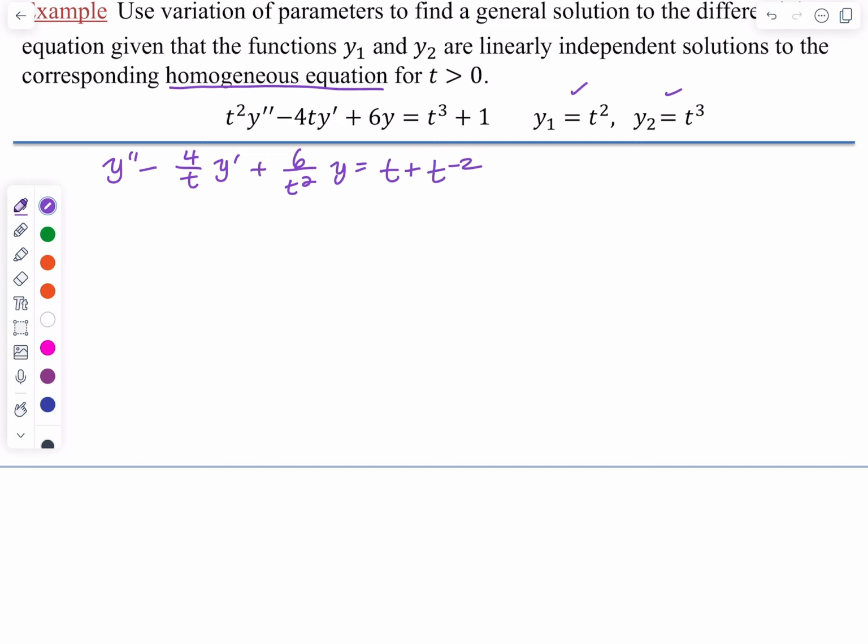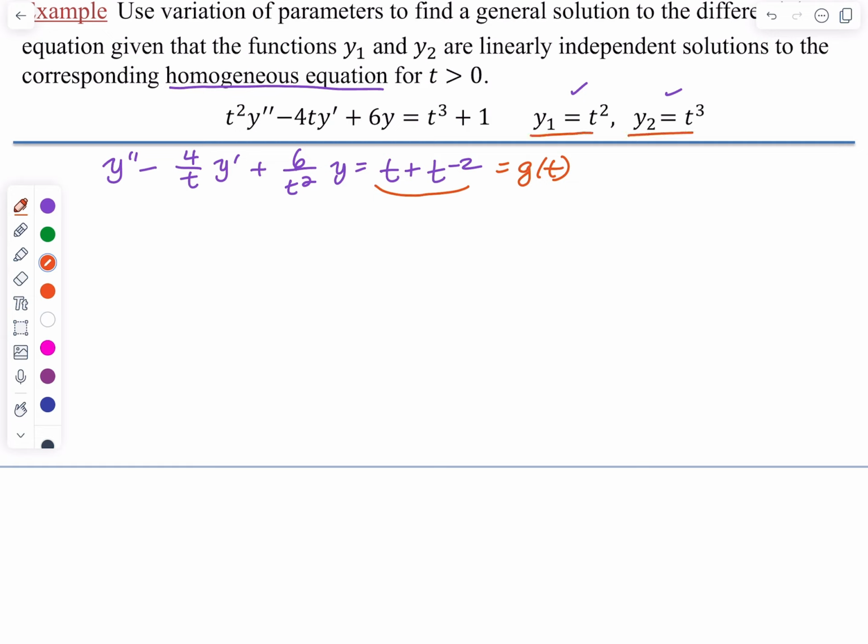Now keep in mind that this here is now equal to g of t. Let me just put that right below. So yeah, I can put g of t equal to. Okay, so now we are given two linearly independent solutions here and here.